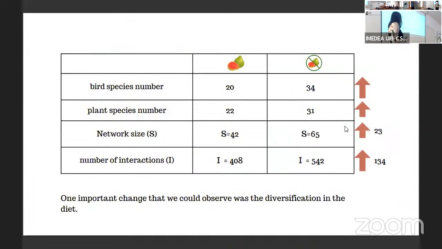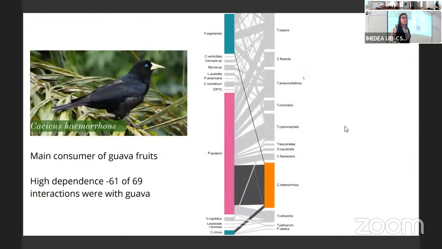One important change that we could observe was the diversification in the diet of the birds. For example, this is Cassicus haemorrhous, the main consumer of guava trees. Here you can see how this species was very dependent on guava.